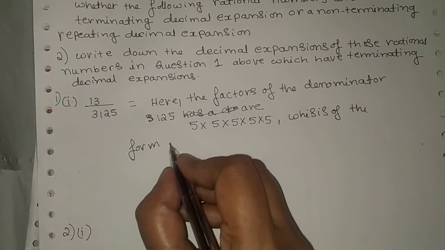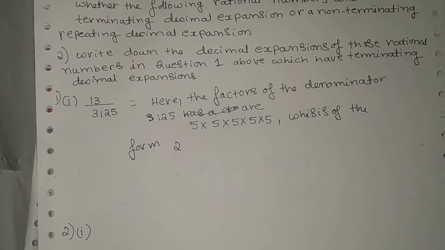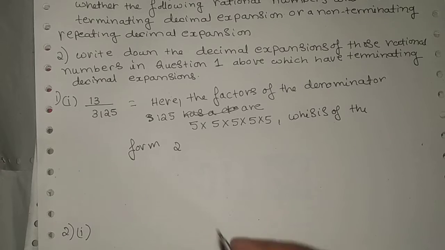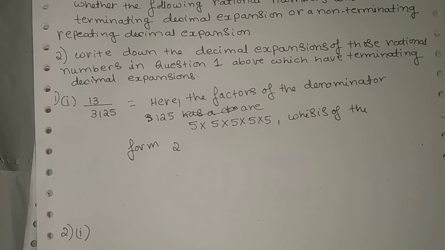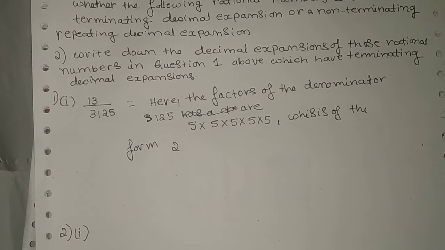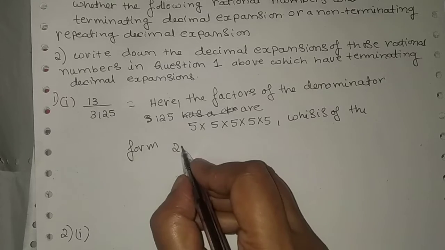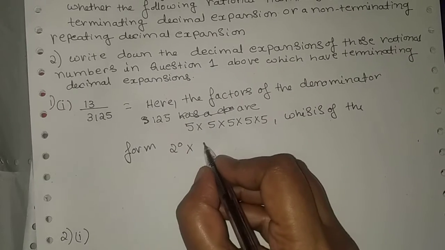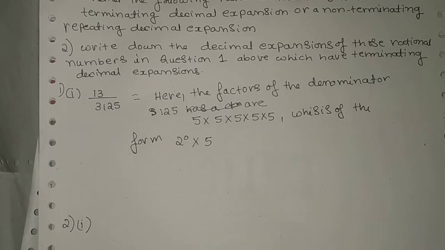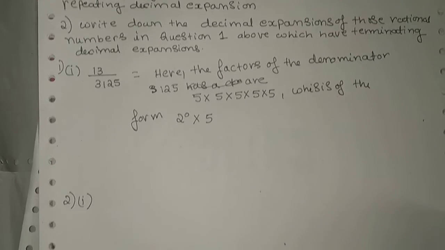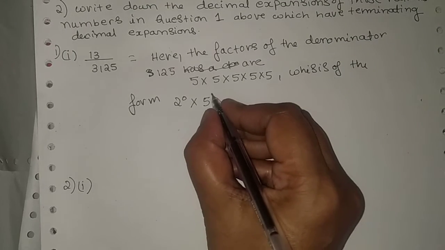This I have solved in the previous class, so I'll directly write it down. So they have asked only a few steps, no detailed description is required here. So I'll just write this: 2 to the power of 0 into 5 to the power of 5.